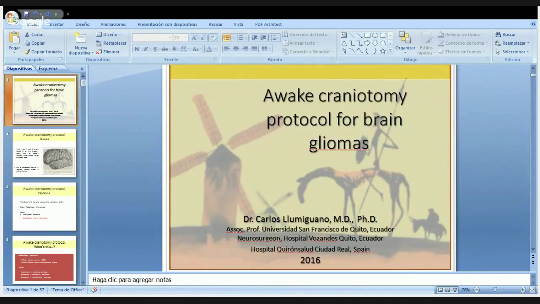So we have a lot of questions about the prognostic factors for the patient. So we have so many options for management of these kinds of patients.